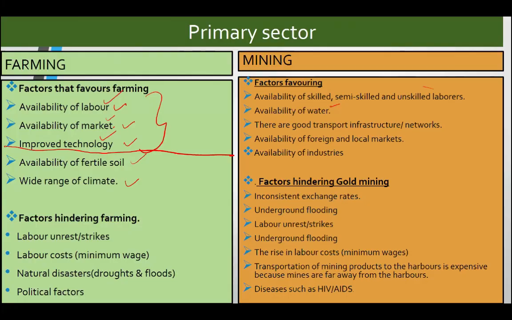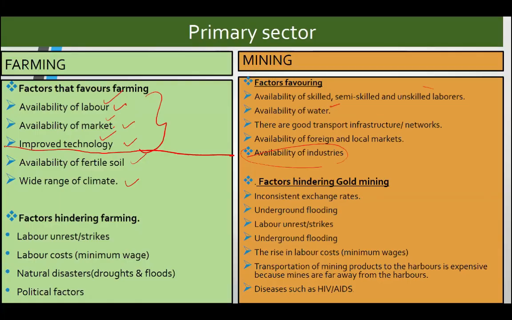If you have availability of industries, for an example, there are industries that are manufacturing using the farm products. There are also industries that are manufacturing using the mining raw materials. Actually, it's not products, it's raw material.